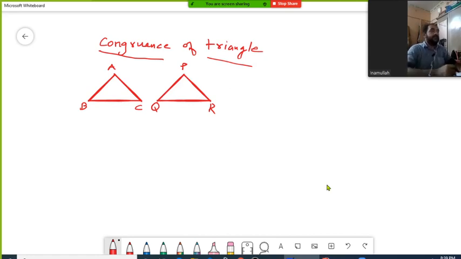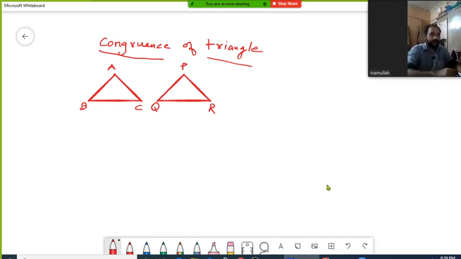We're not going to prove whether these two triangles are congruent or not. If they are congruent, then what criteria will they fulfill, and what properties will they have?